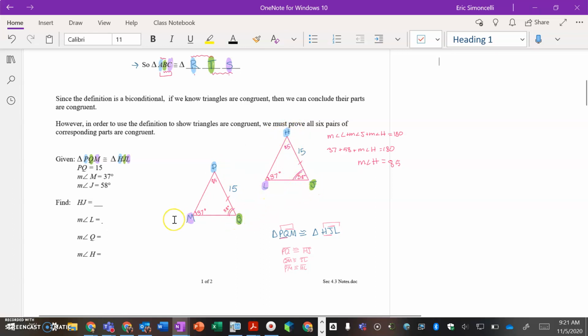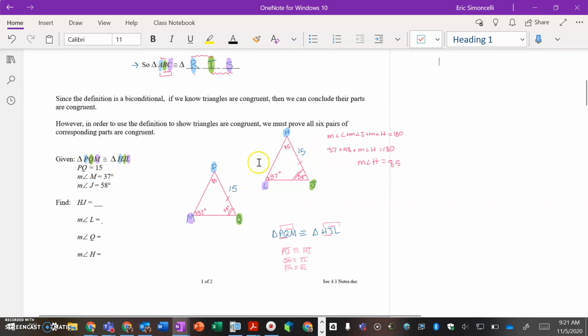I do like that, and I've done that with you as well. Maybe a little bit prettier than my work, of course, but if you take a look, you can identify that PQ is 15 in the picture, congruent to certainly HJ, marking them accordingly, and the letters are in a very specific order, so PQ congruent to HJ.